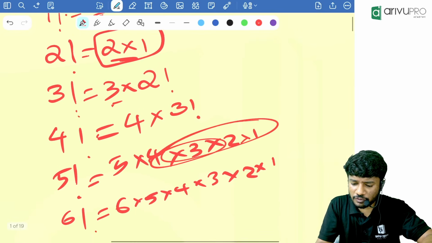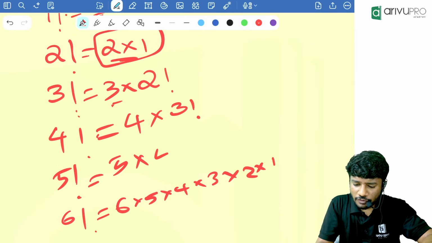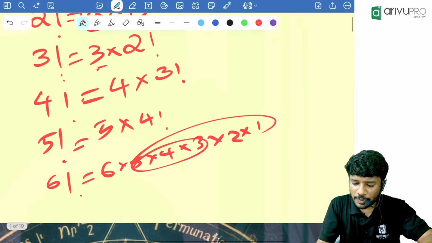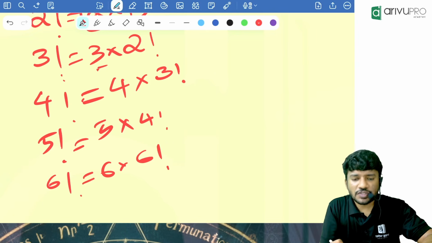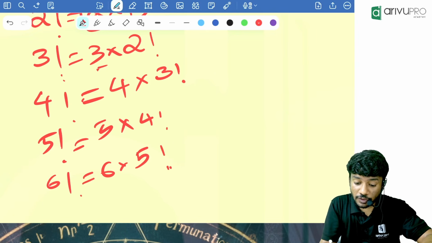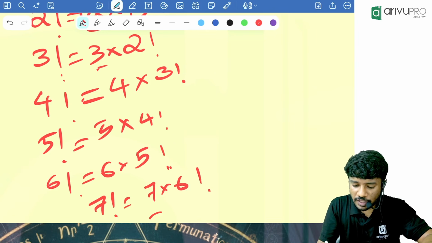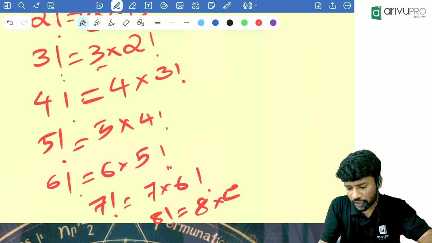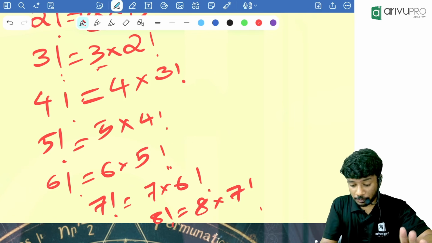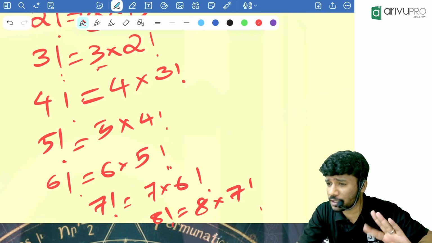Similarly, 5 factorial will be 5 into 4 factorial. 6 factorial will be 6 into 5 factorial. Then 7 factorial will be 7 into 6 factorial. 8 factorial will be 8 into 7 factorial. Now people, even if you forgot some of the values, you can remember it this way.